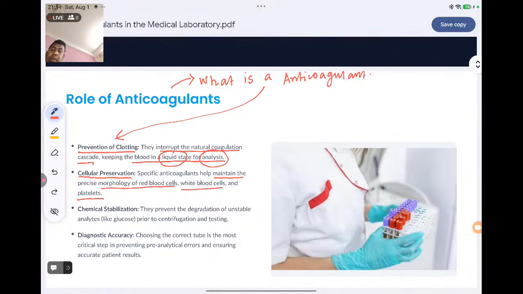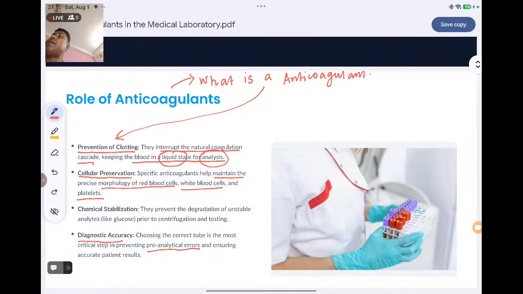And the most important function or the role of anticoagulant is it helps in diagnostic accuracy. So choosing the correct tube is the most crucial step in preventing pre-analytical errors.